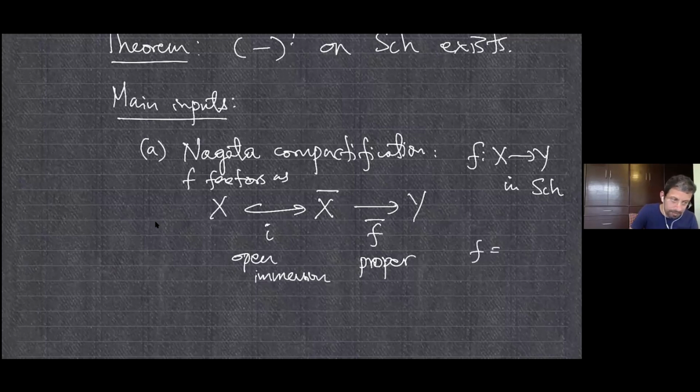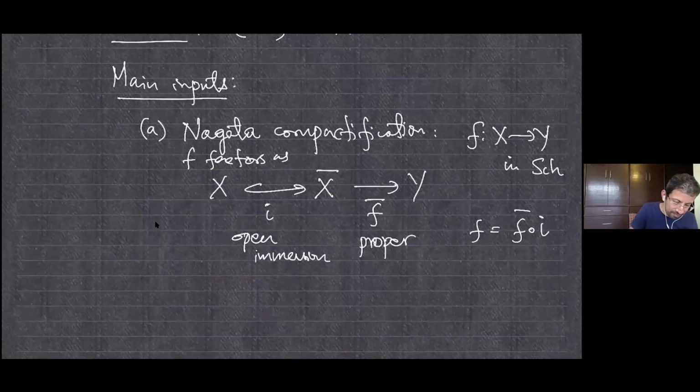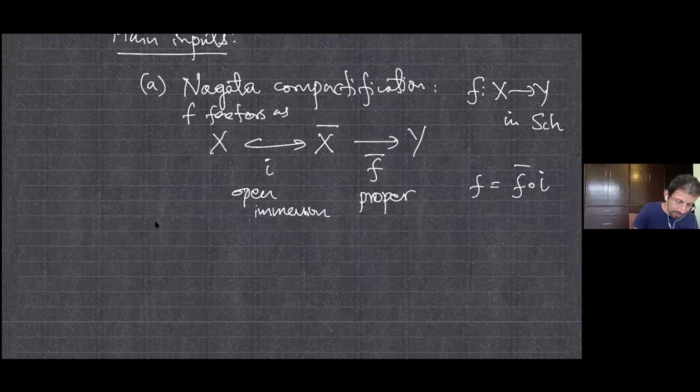So f is equal to f bar composed with i. This is called compactification. If Y is a point, then this just says I have a proper variety, a compact variety so to speak, and X is an open subset of it. So I'm saying that any variety can be compactified. This is not so obvious because our varieties are not necessarily affine, so this is quite a subtle result. Let me not say more about it.